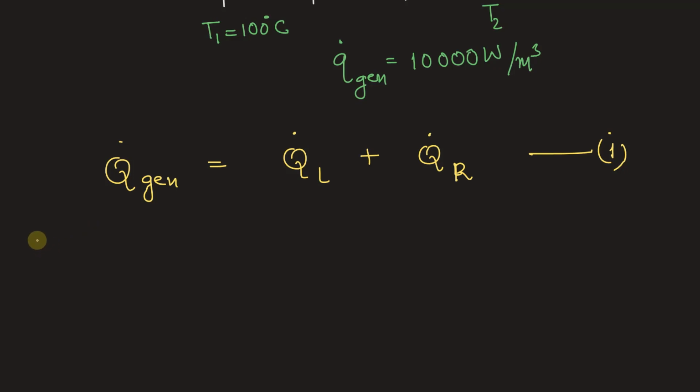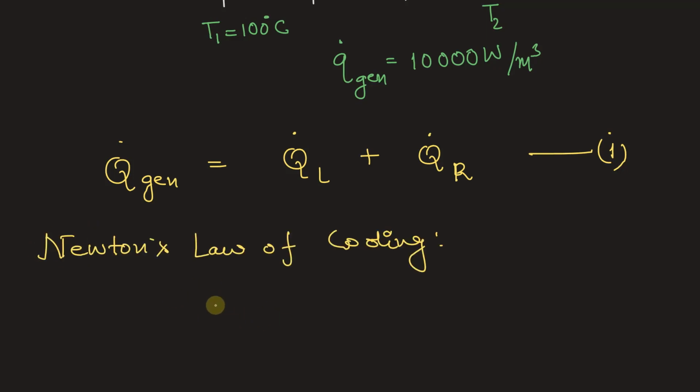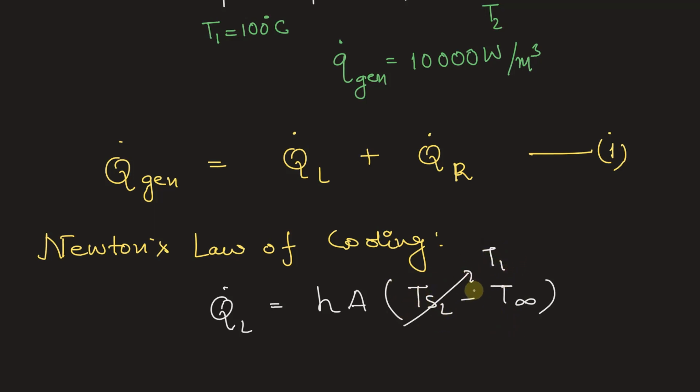Now from Newton's law of cooling, we can write heat flow rate in the left slab will be equal to h into A into (T_SL minus T infinity). And here for this problem T_SL is nothing but T1, which is also given in the problem. Now this heat flow in the left slab per unit area can be written as Q_L dot is equal to h times (T1 minus T infinity).